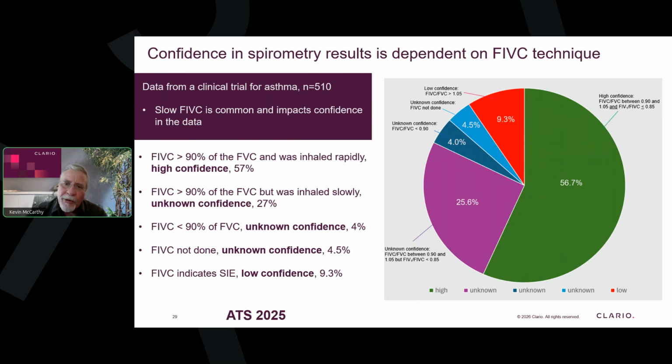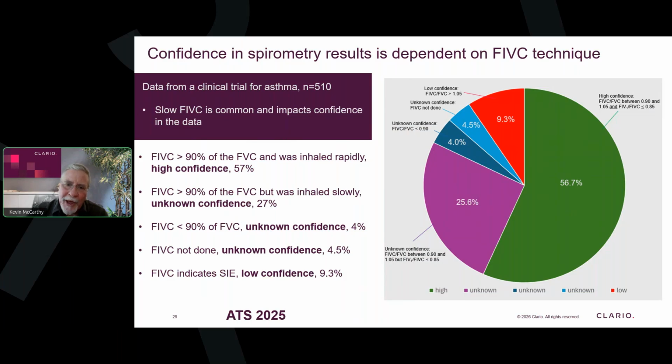It fell below what we've come to find is a good characterization of maximal effort. Now, being in this wedge, it doesn't mean the data is bad. In fact, most of the data in that segment is probably not bad at all, but we know embedded in there is likely to be some data that represents submaximal inhalation error.